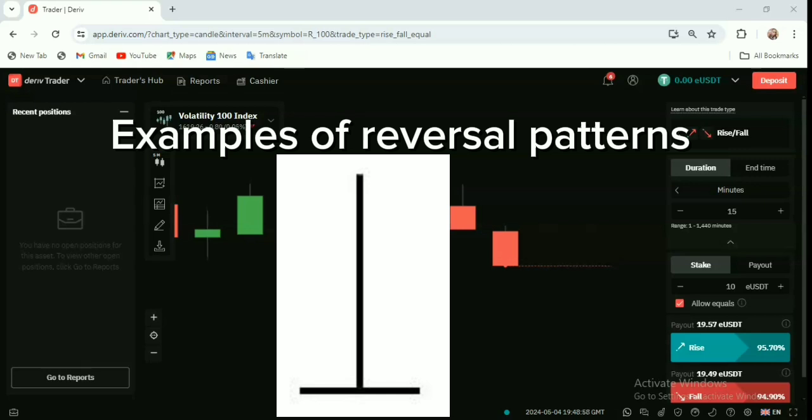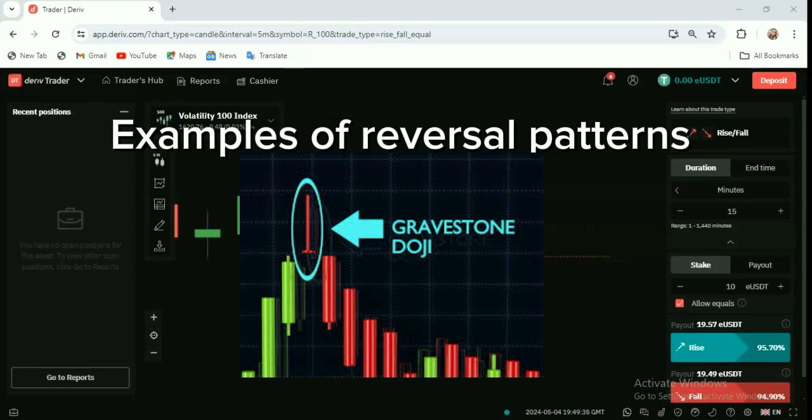So after the candle opens, buyers were able to push the price up, but by the end they were not able to sustain the bullish momentum, characteristic at the top of a move to the upside. This is a bearish signal. I'll say it again. The gravestone doji is a bearish signal. It's a bearish type of doji.